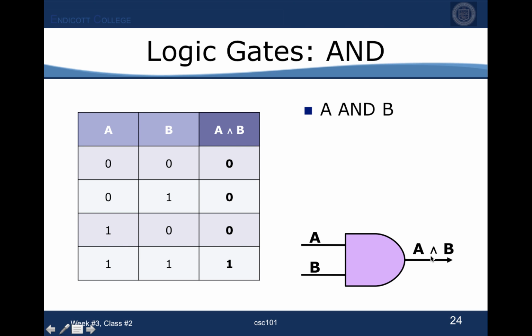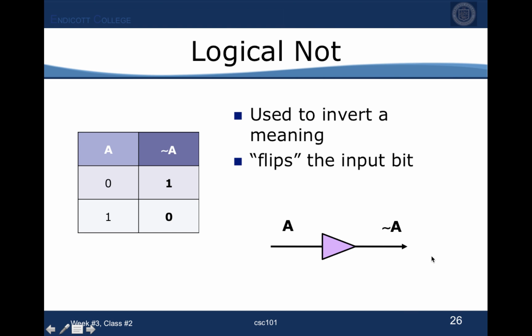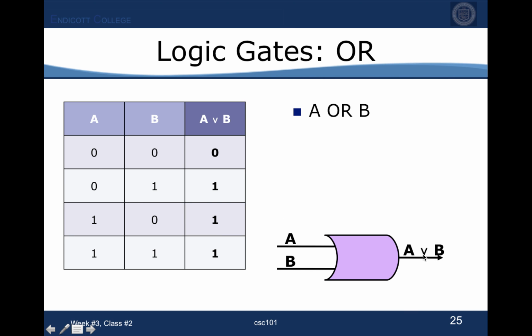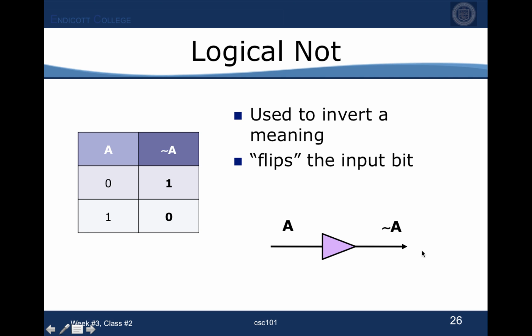But in case you see it somewhere, the little triangle guy pointed this way is and. If you flip it upside down, it's or, so it's more of a V. That's the equivalent of or. Not is usually represented with a squiggle or a tilde. So A, right, and the gate symbol is a triangle for not.